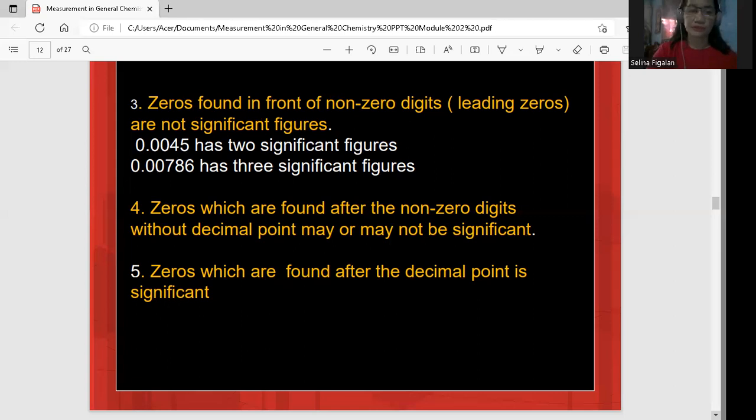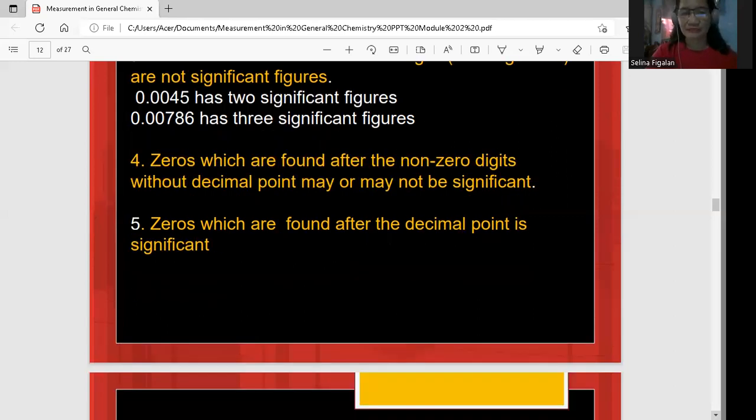uncertainty naman yung result. The zeros which are found after the decimal point is significant. Okay, so zeros daw na nakikita after the decimal point is significant. Kasi with the example, 400, wala namang decimal point doon. Diba? Pero pag 0.400 yan, which means that it is significant in dalawang zeros.